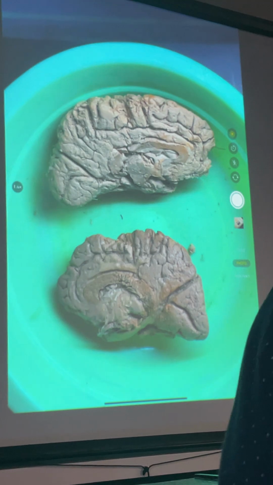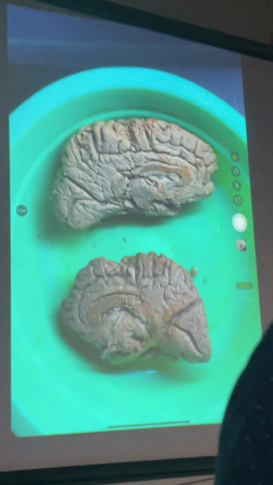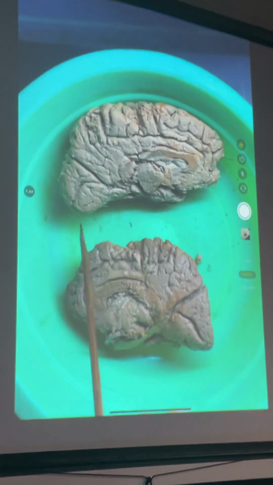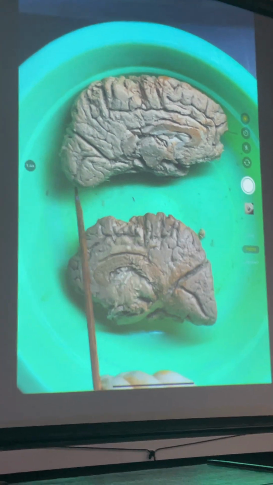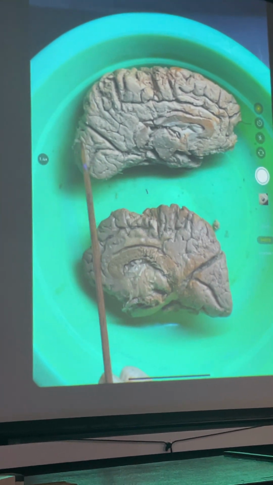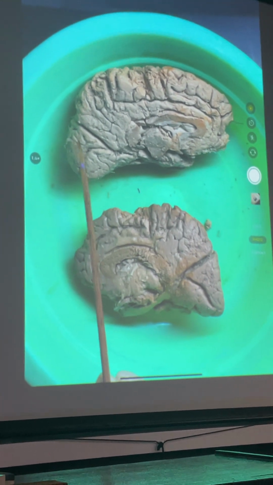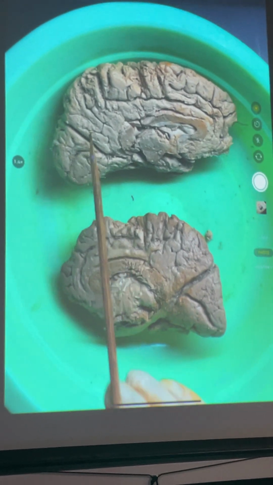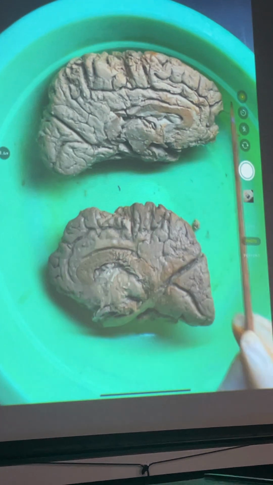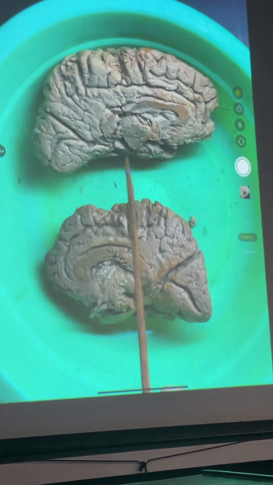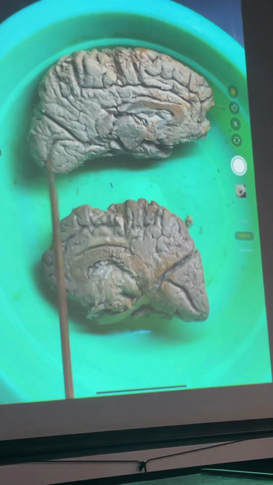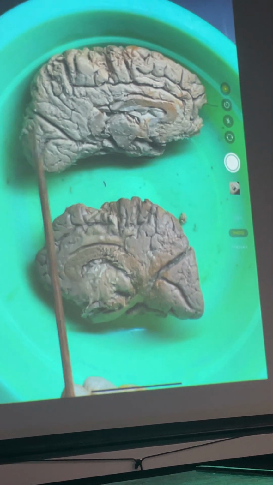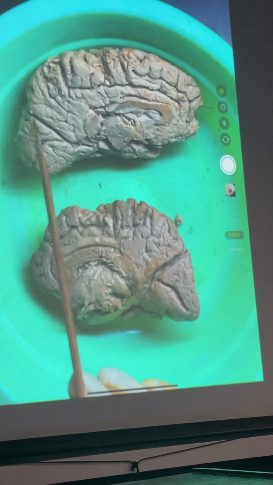Now, I want you to imagine, if you look at this specimen and I put an eye here, it looks like the head of a turtle. This is the shell and this is the legs. So this one here is the cuneus, or the head.